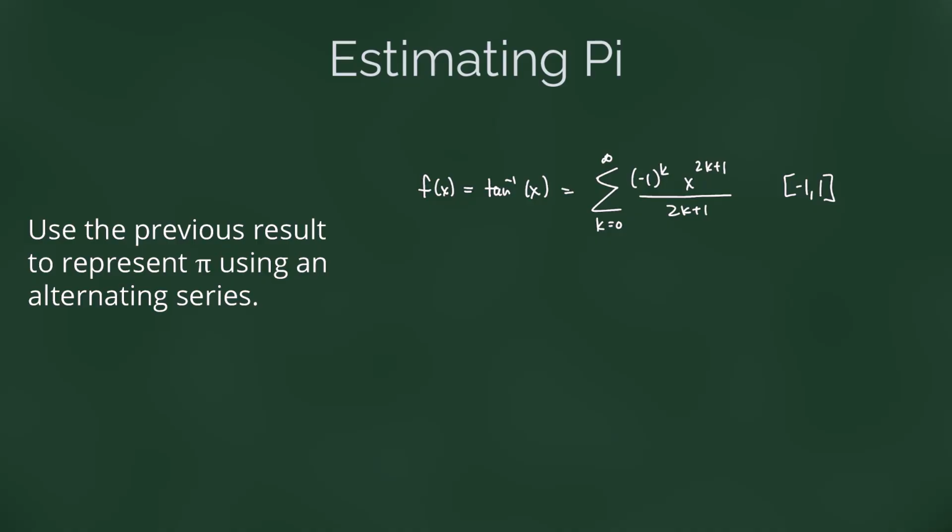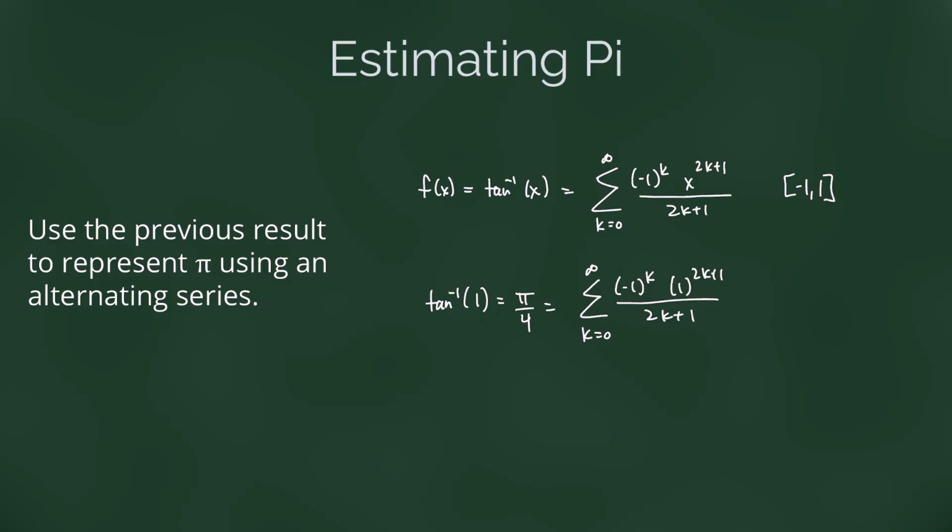So let's look in particular at the inverse tangent of 1. Notice that is pi over 4. But using our power series, that is going to be the sum from k equals 0 to infinity of -1 to the k times 1 to the 2k plus 1 all over 2k plus 1. And that works because 1 is in our interval of convergence.